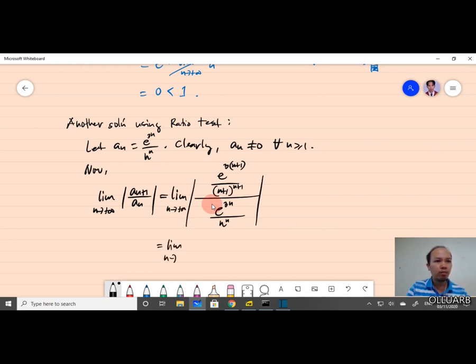Okay, let's simplify. What will happen here is we have e to the 3n times e to the 3 over n plus 1 to the n times n plus 1, times the reciprocal, n to the n over e to the 3n.